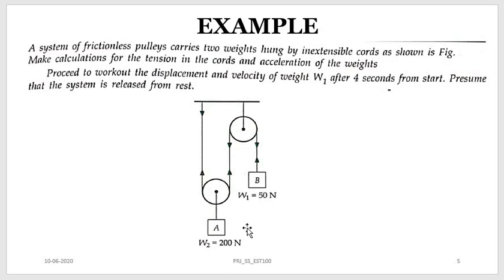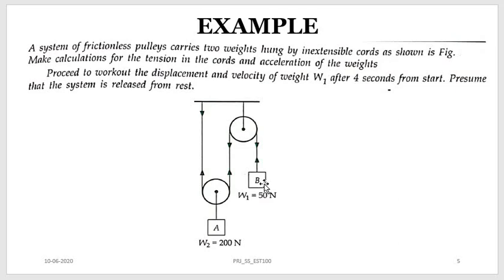So the direction of motion for both block A and block B is understood from the figure. Now by writing the kinetic equation of motion, we also understand that if a is the acceleration of block B, block B is moving in the upward direction.